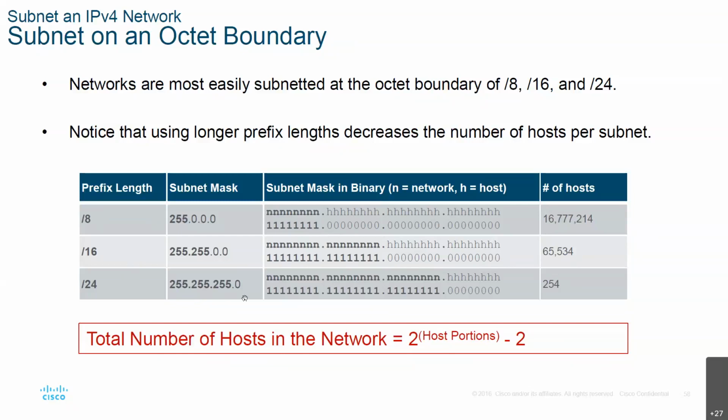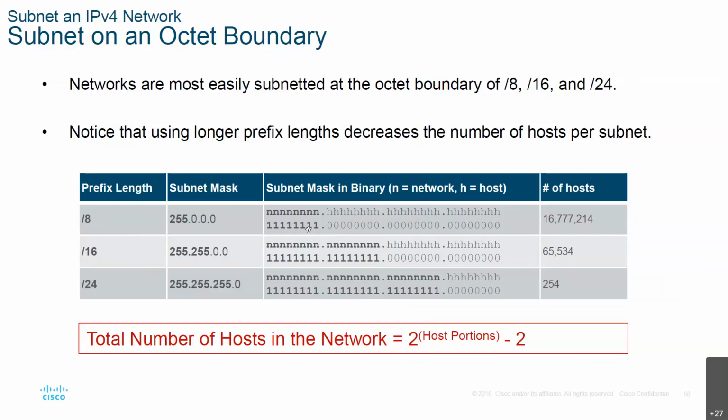And if you have a smaller network, /24, that means 24 bits for the network portion and 8 bits for the host portion. 2 to the power of 8 minus 2 means 254 devices. So if you notice, using longer prefix lengths decreases the number of hosts per subnet. So you can easily subnet by 8, 16, and 24.